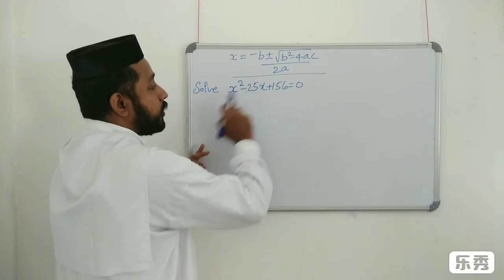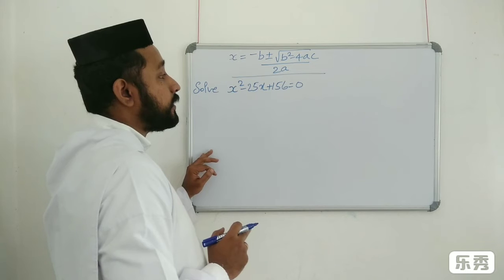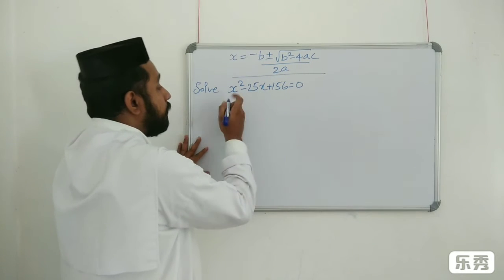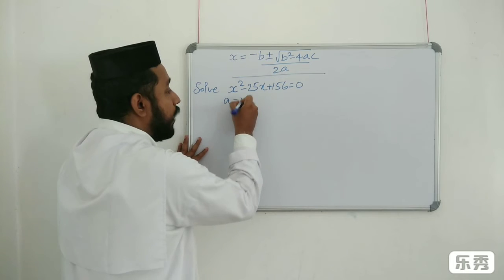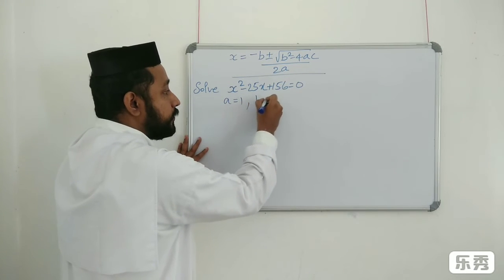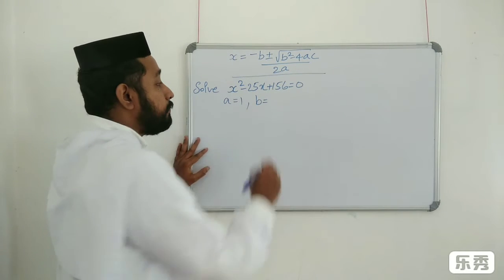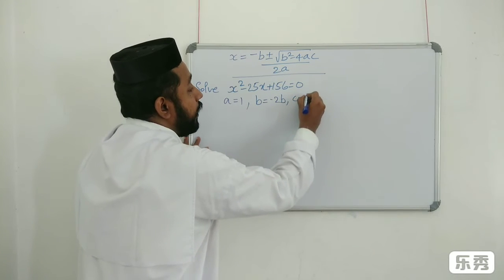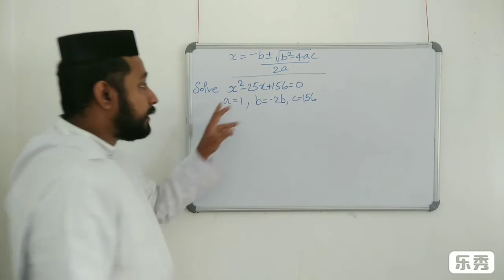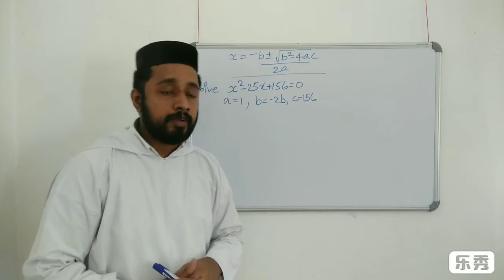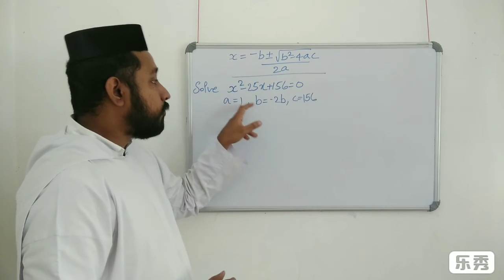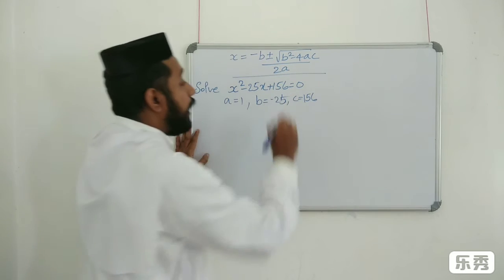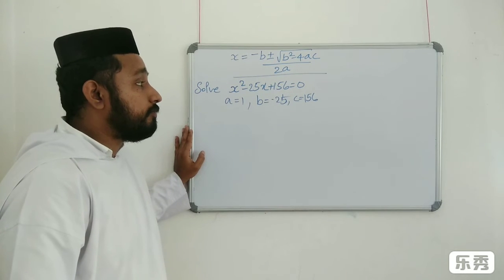When we compare it with the general form of the quadratic equation, we will get a is equal to 1, b is equal to minus 25, and c is equal to 156.